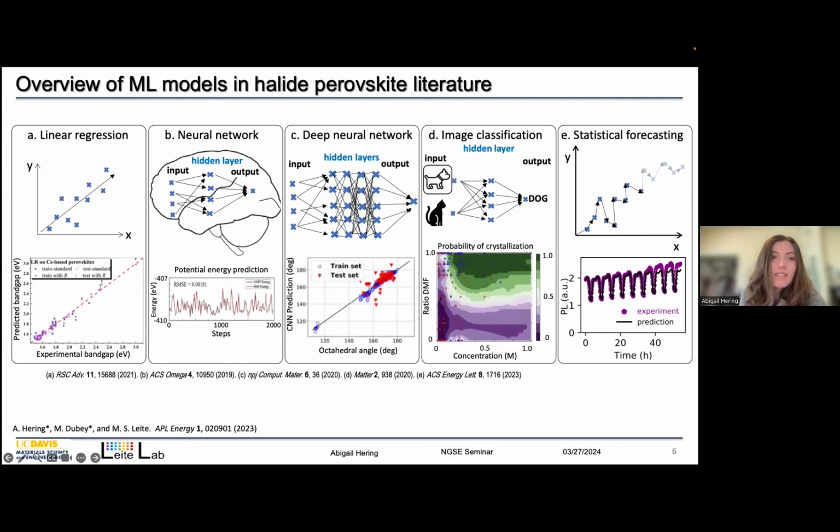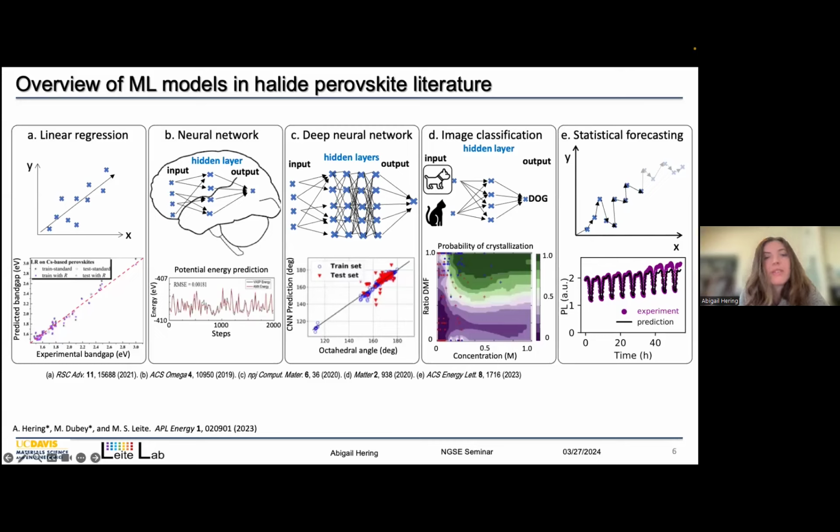So in this example, the octahedral tilt angle of perovskites is estimated with a convolutional neural network. So another application of deep learning is image classification.